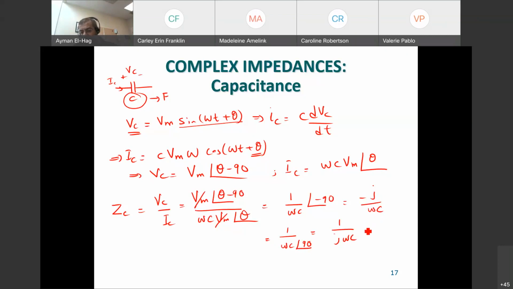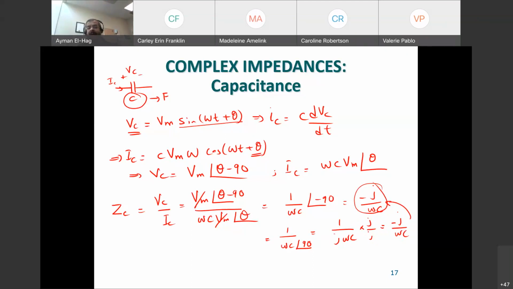So even with this, we multiply by j over j. So this becomes j times 1 is j. J times j is minus 1 divided by omega C, which is back to this one. So this is more standard way, because we always want to keep the j in the numerator, not in the denominator. Okay, so this is the relation for the capacitor.